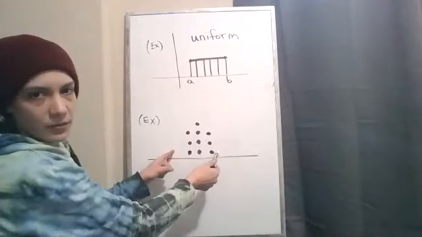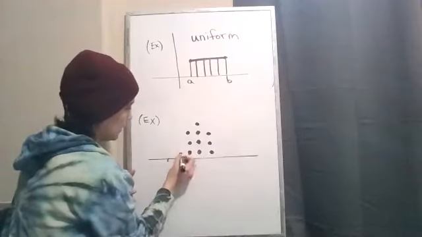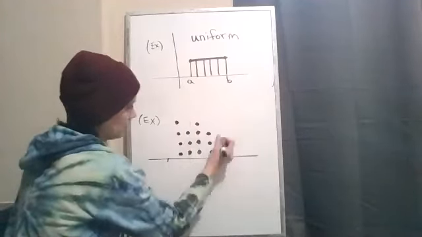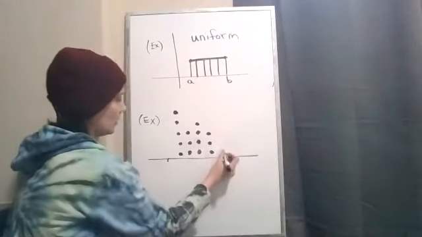So I'm going to put 5 dots on both sides of these. One, two, three, four, 5. 1.